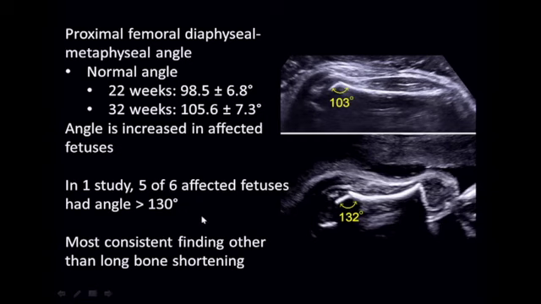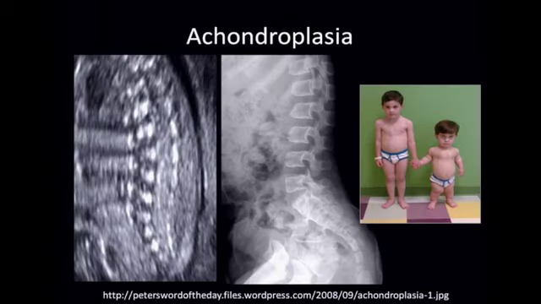In that study that was recently published, 5 of 6 affected fetuses had an angle greater than 130 degrees. So have that in mind: if you see short bones and you're getting progressively shorter as you follow up the fetus, you can measure this angle, and if you see the increase in the femoral diaphyseal angle beyond these numbers, that's further information that you may be dealing with achondroplasia.